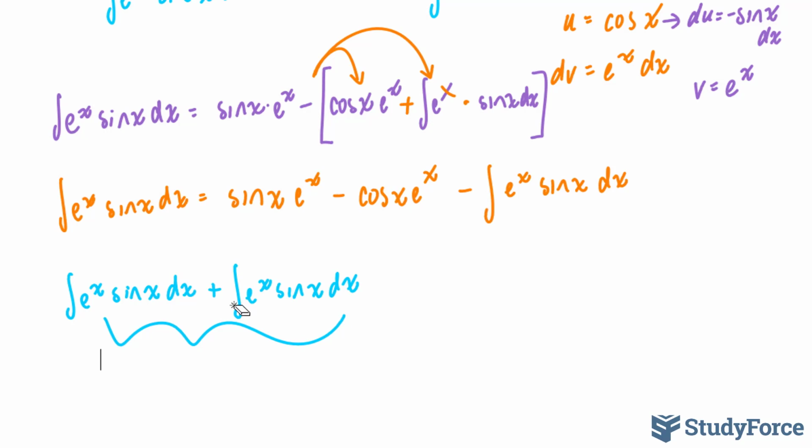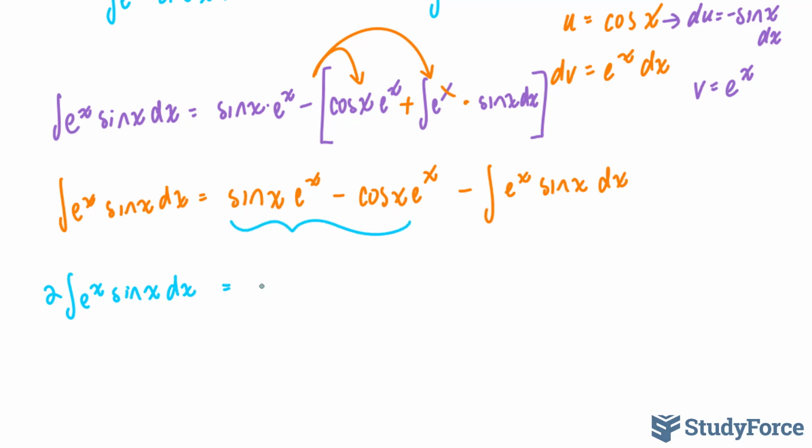So what I'm going to do is remove this and write down 2 times the integral is equal to this part, sine x e to the power of x minus cosine x e to the power of x. And I'm going to divide now both sides by 2. And this gives me, on the right side, half and half.